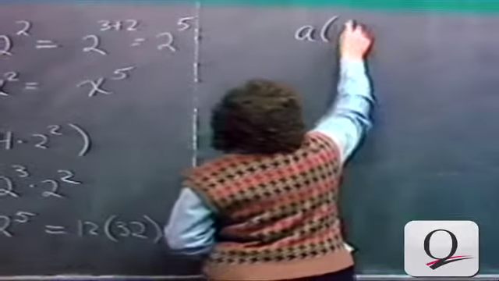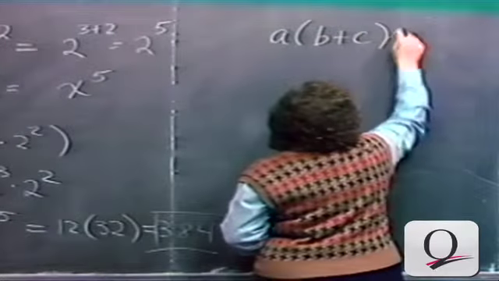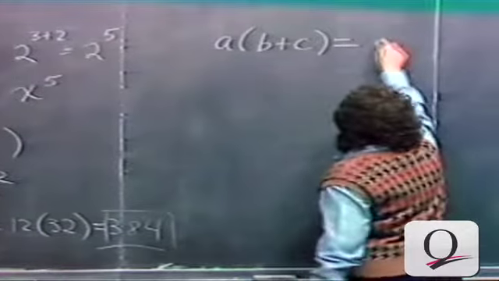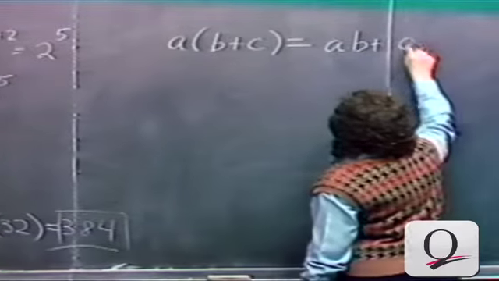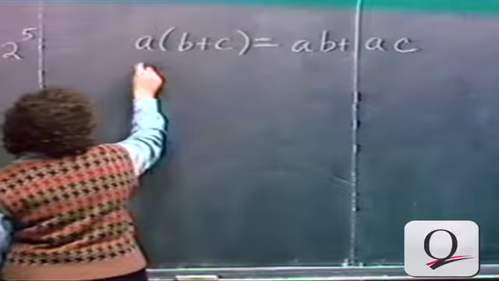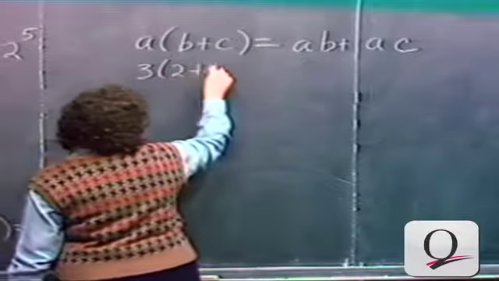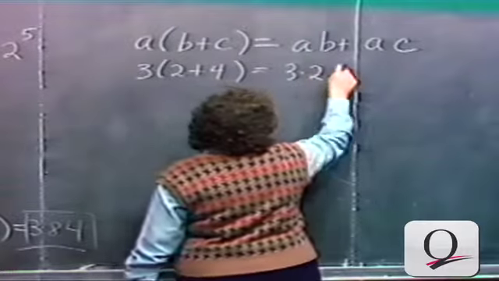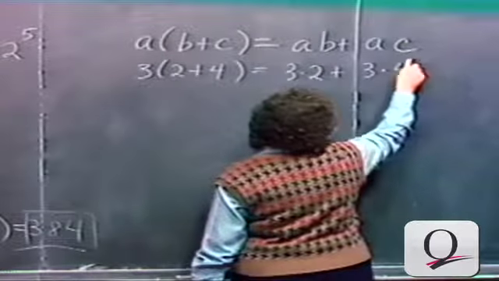All right. Now let me remind you about the distributive law. We have the fact that A times B plus C is A times B plus A times C. For example, 3 times 2 plus 4 is 3 times 2 plus 3 times 4.